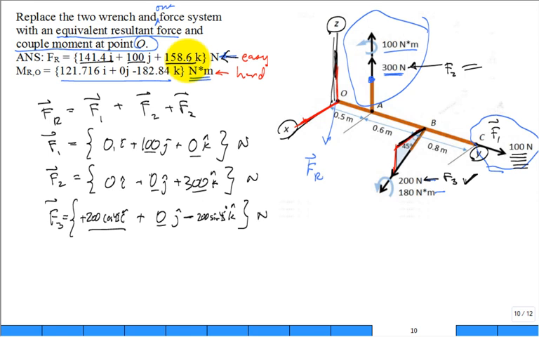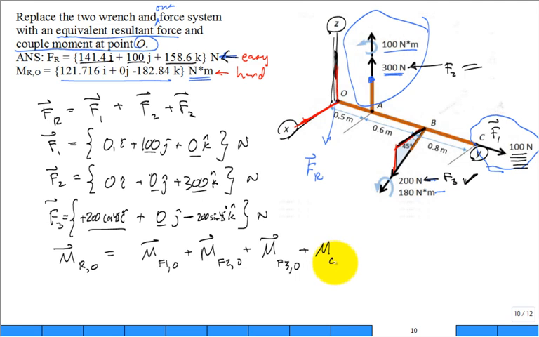So that was the easy part. Let's move to the hard part again. I look at my system. I'm going to have an equivalent or a simplified or a resultant couple moment applied at O. And so I look and I say, what I'm looking for in 3D has to have the same effect on the system as the moment that force 1 induces about point O, plus the moment that force 2 induces about O, plus the moment that force 3 induces about O, plus the moment that the couple at 2 induces about O, plus the moment that the couple at 3 induces about O. These two are components of my wrench.